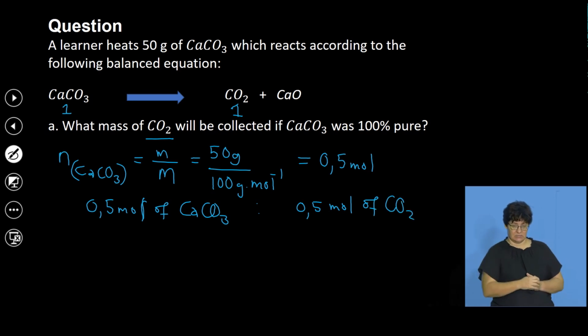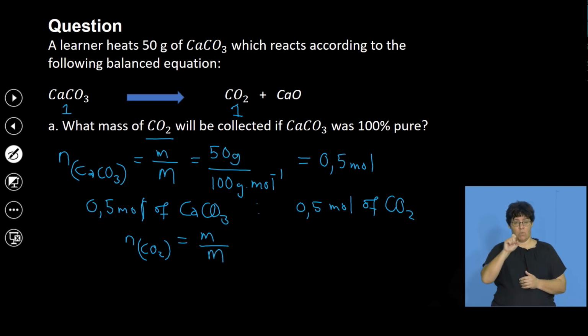So we're asking ourselves, what is the mass of a 0.5 mole sample of carbon dioxide? Now, moles of carbon dioxide is equal to the mass that will be obtained divided by the molar mass. The mole is 0.5 because of the ratio 1:1. So we're looking for the mass.